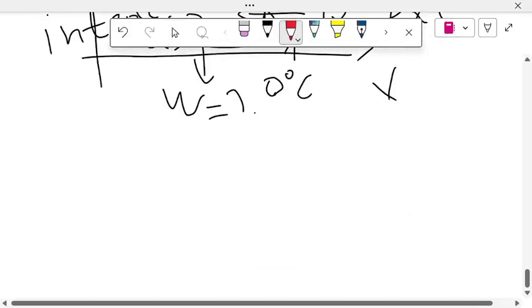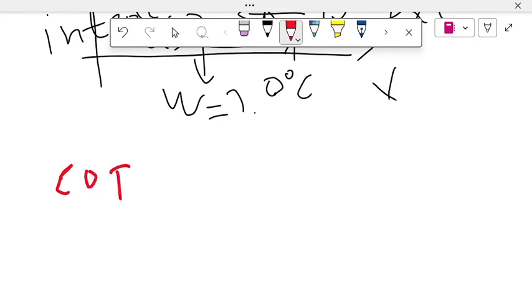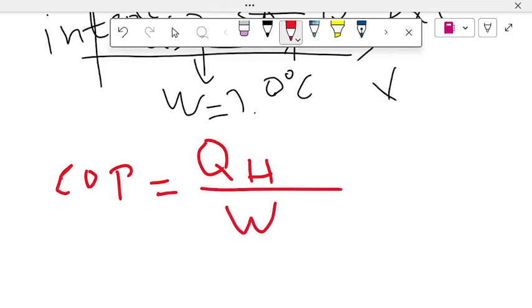the coefficient of performance is equal to work done divided by, no, sorry, is heat in the room divided by work done.